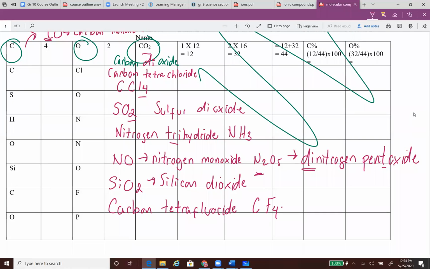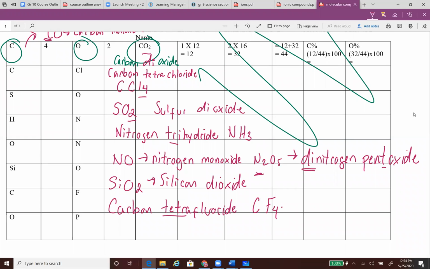Why CF4? Well, because, and I hope you're noticing the trend too. If you don't see anything, if there's no prefix, then we know it's just 1, right? So carbon, there's nothing in front of carbon, so it's just 1. But it says tetrafluoride, so obviously that means it's 4 fluorine.